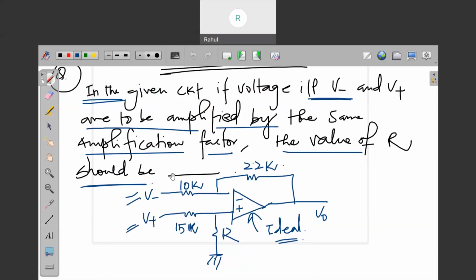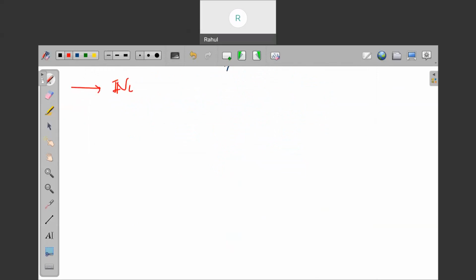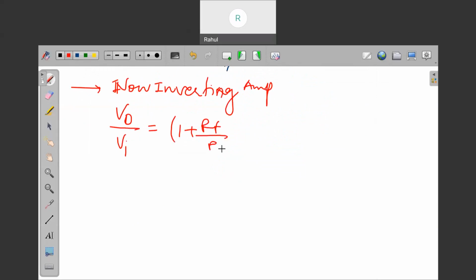For the basic non-inverting amplifier, the gain V out upon Vi equals 1 plus Rf by R1.